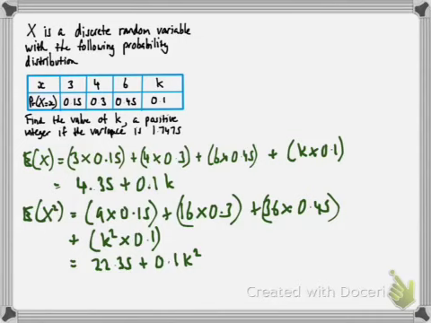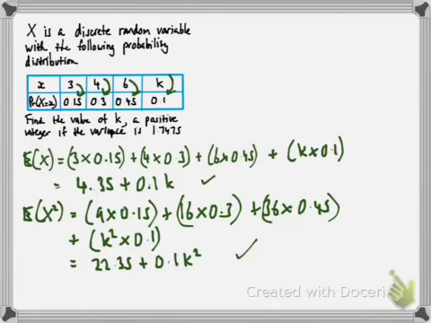Of course, to find the variance, we have to find E of x and also E of x squared. So that's what I've done here. To find E of x, I've multiplied the x values by the probabilities, and that gives you a grand total of 4.35 plus 0.1k. To get E of x squared, I've squared the x values to multiply by the probability.